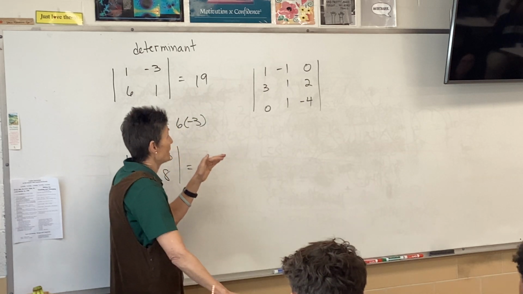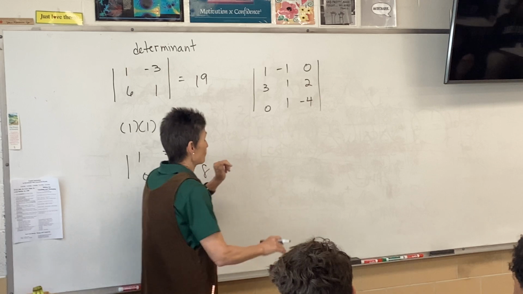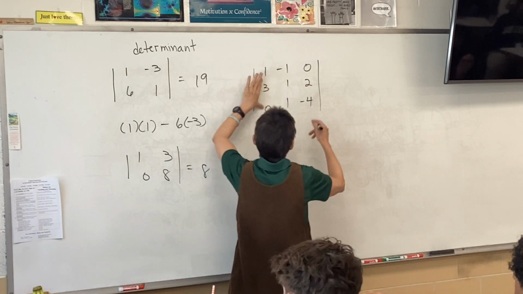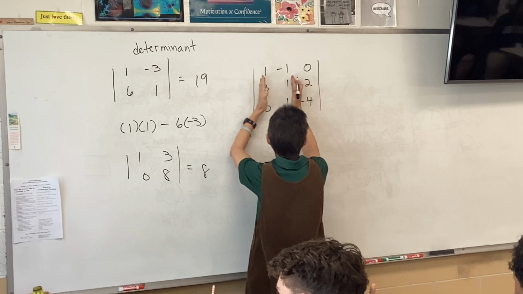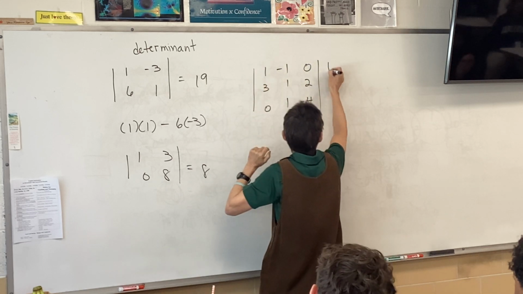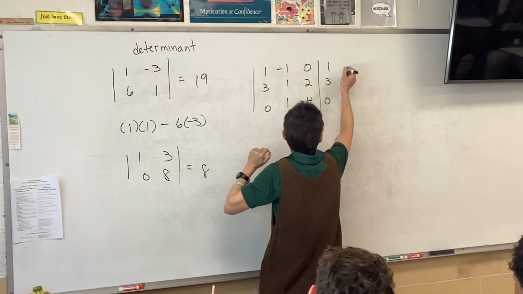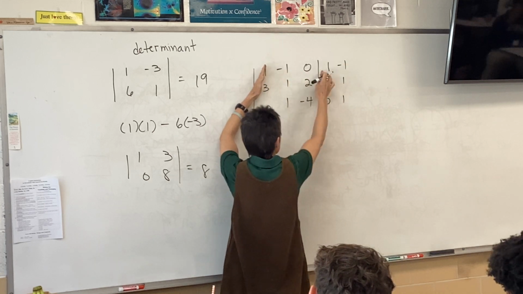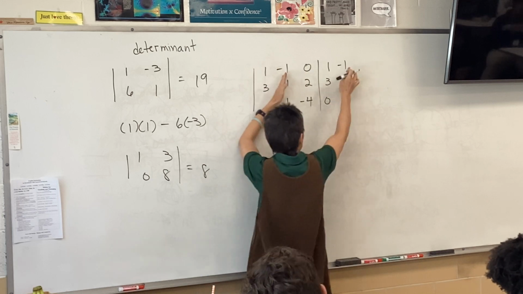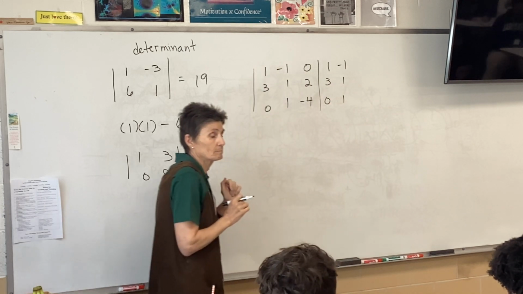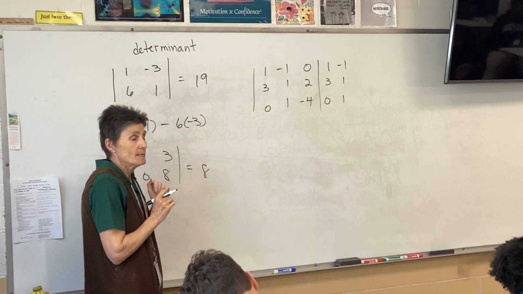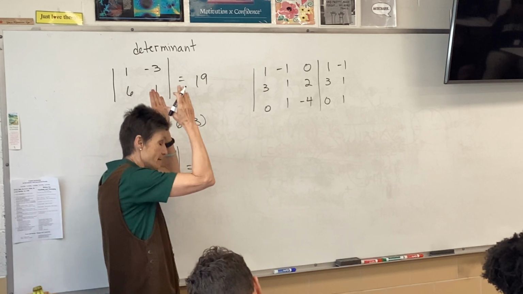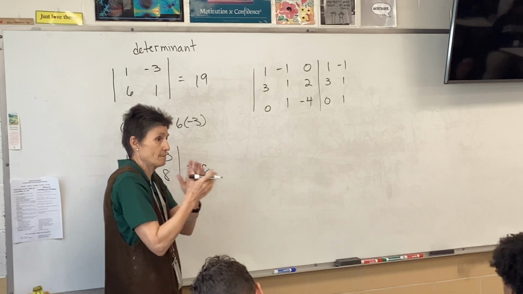But to do a 3 by 3, one really easy option is to cut and paste the first 2 columns right here, right next to the determinant. So just recopy 1, 3, 0, negative 1, 1, 1. Now, don't mix them up, don't change the signs, literally copy and paste.